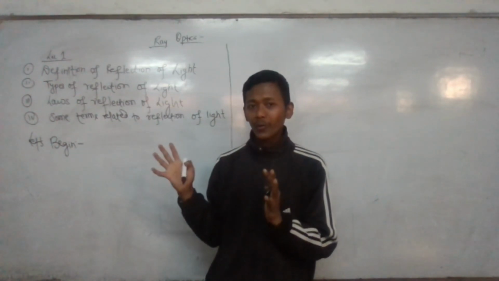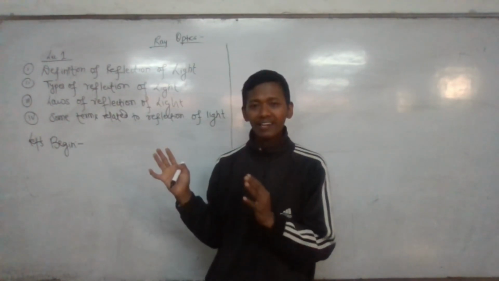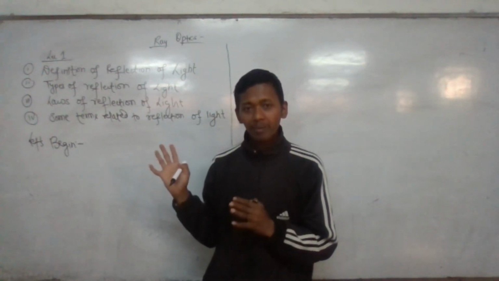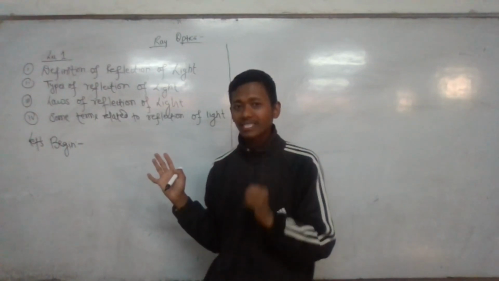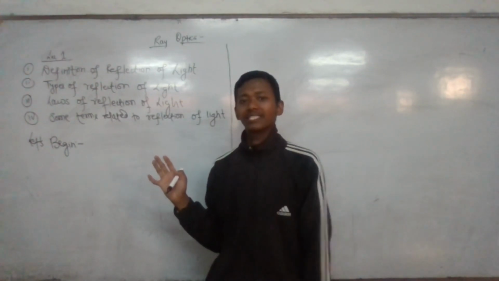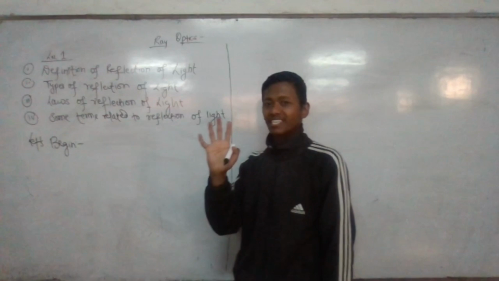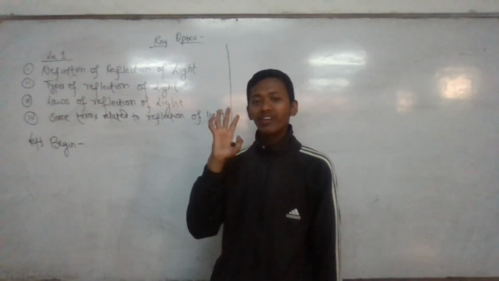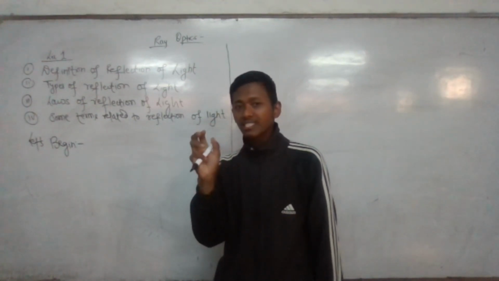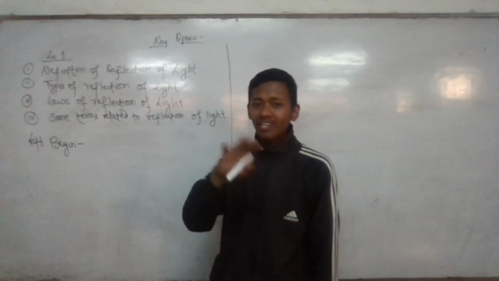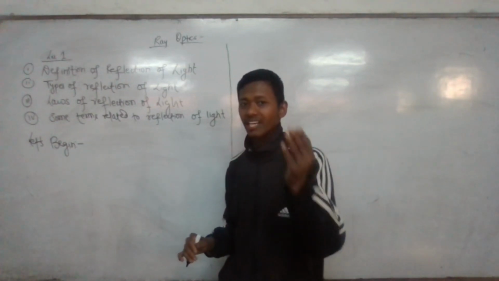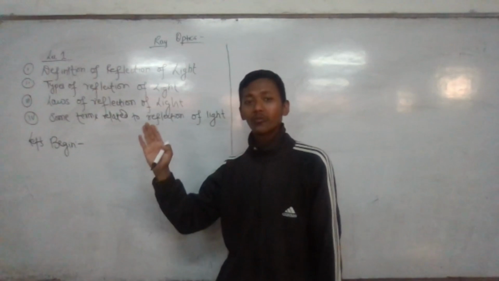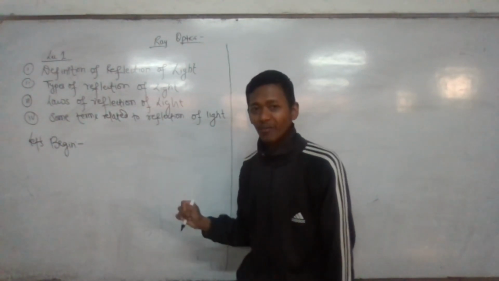So a mirror is a good reflector, but inside the good reflector, what is the main cause? That main cause is silver. We can't say glass is a good reflector. The silver is covered by glass, and that glass gives safety to the formation of a good image on that silver.